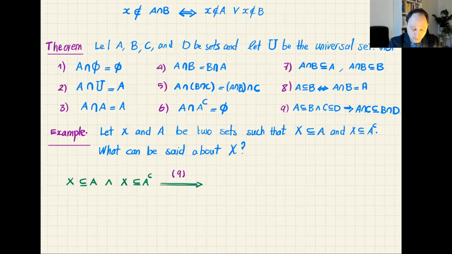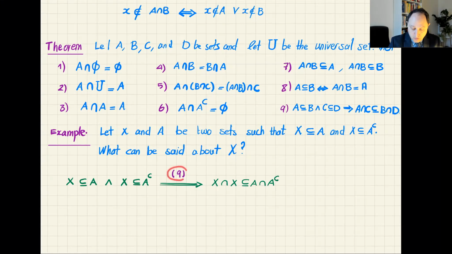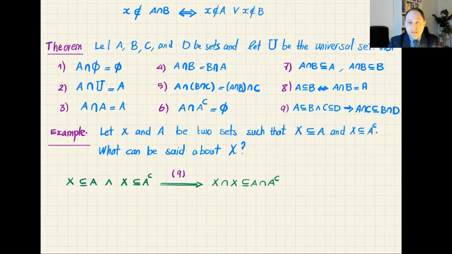So this means that I can conclude that X intersection with X is a subset of A intersection with A complement. I just want to wait for you. Is that clear for everyone that based on number 9 and these two assumptions, I can write this? Yes. Clear for everyone?